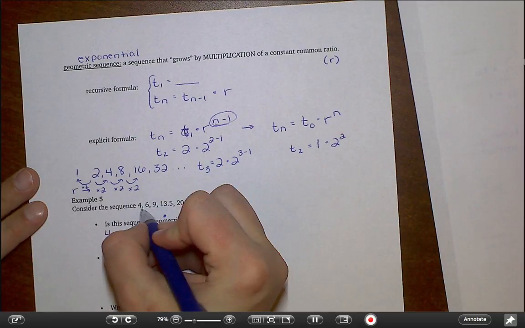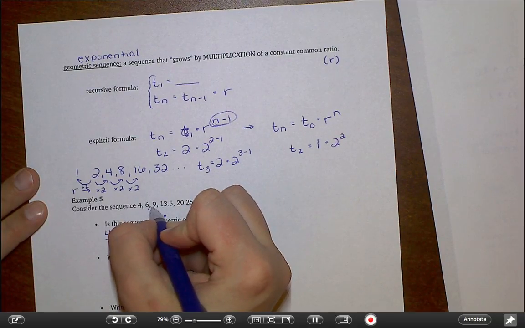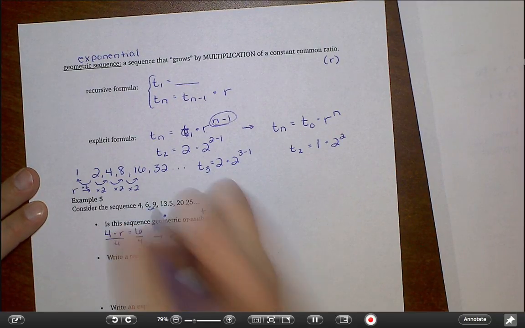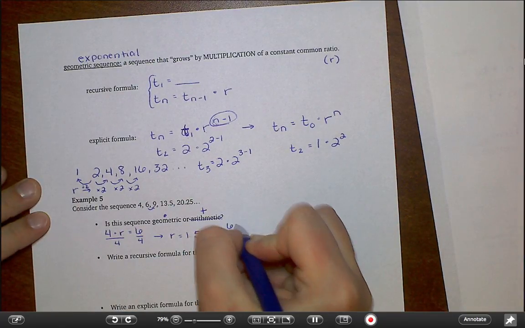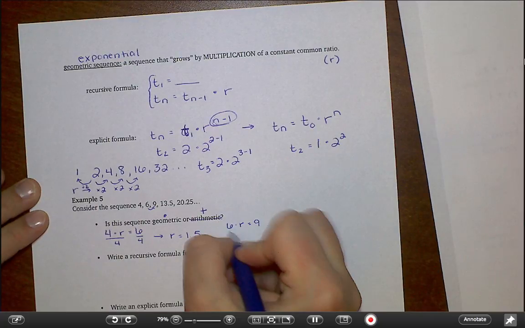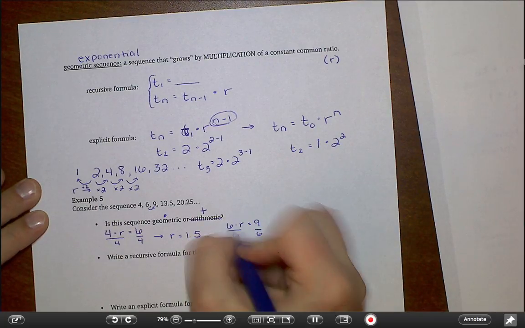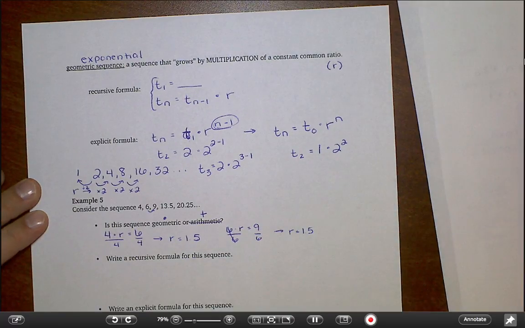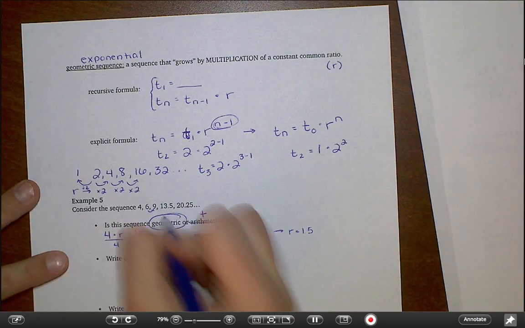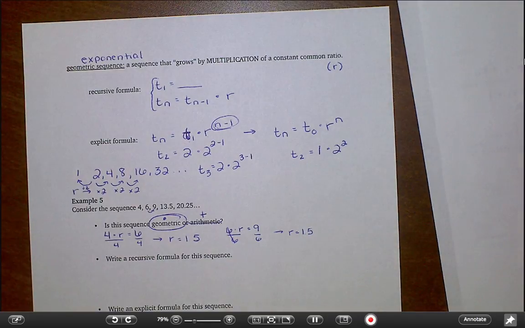So I want to know, does that hold true to go from 6 to 9? Is it true that 6 times 1.5 equals 9? Yes, it is. If you really needed to check, you could do this: 6 times r equals 9. Same thing we did a second ago. You also get r equals 1.5. Okay? So this is a geometric sequence because your terms are growing by multiplication.